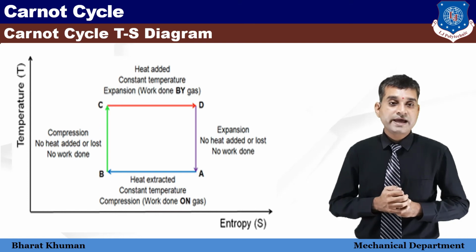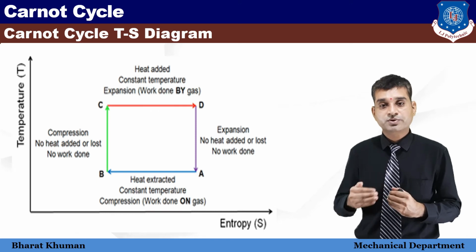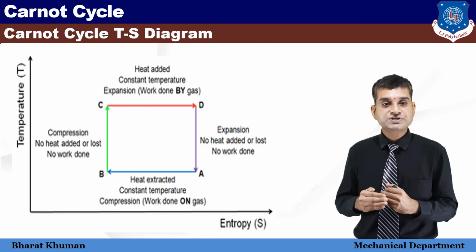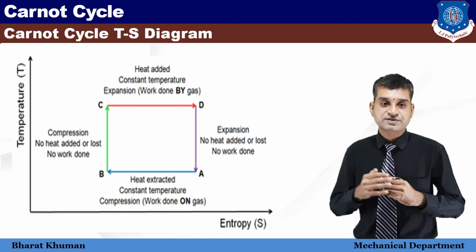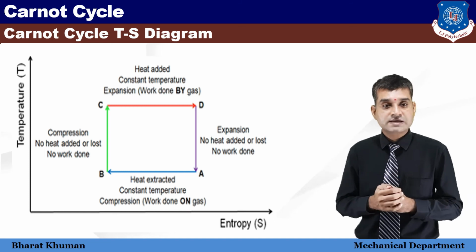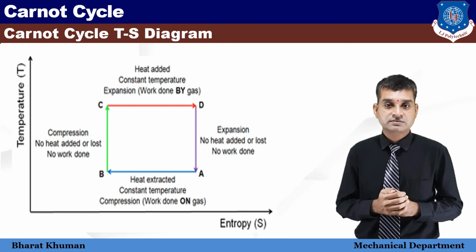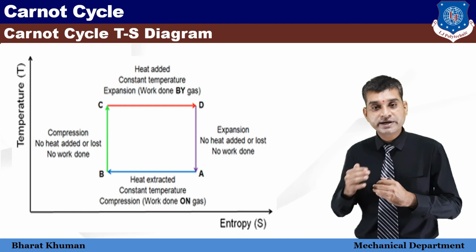Now students, according to the Carnot efficiency, we can draw the following conclusions. First, the Carnot efficiency only depends on the highest and lowest temperature. Second, if we want to increase the Carnot efficiency, we can increase the highest temperature or reduce the lowest temperature.